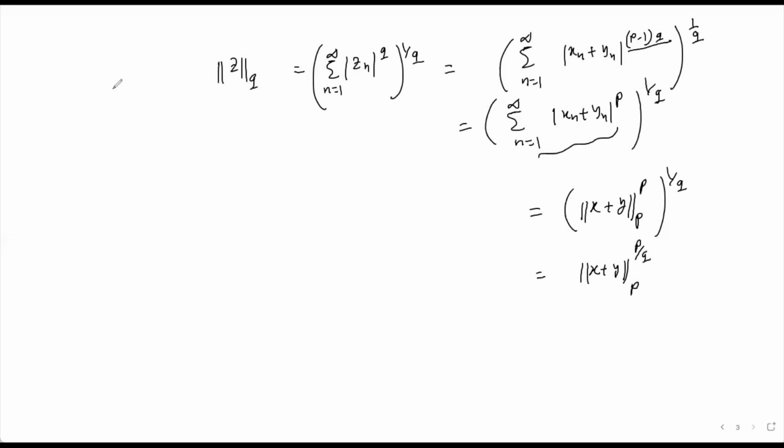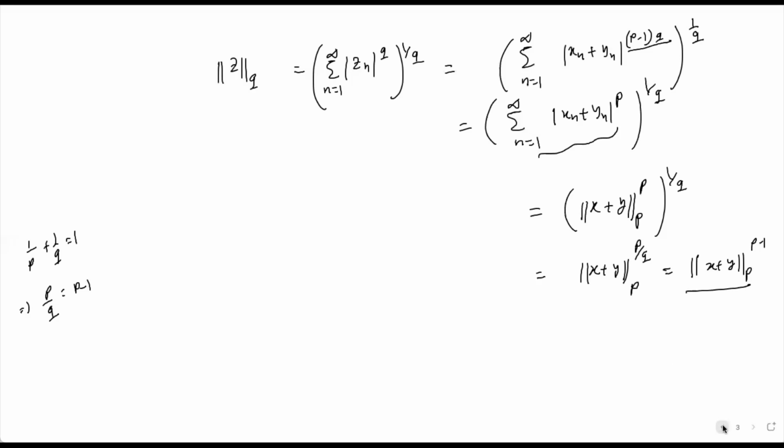So now what is p over q? Let's see, 1 over p plus 1 over q equals 1, this implies p over q is equal to p minus 1. Okay, and so this is equal to the p norm of x plus y, to the power p minus 1.